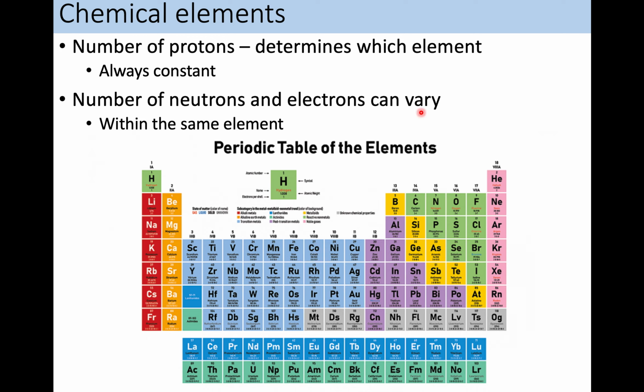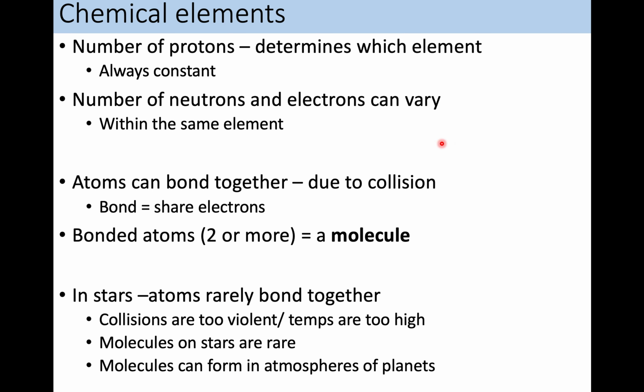This is always constant. Any atom with 27 protons is cobalt. Any atom with 5 protons is boron. However, the number of neutrons and electrons in the atom can vary within the same element, but the number of protons is always set. The number of protons determines which element we're looking at.